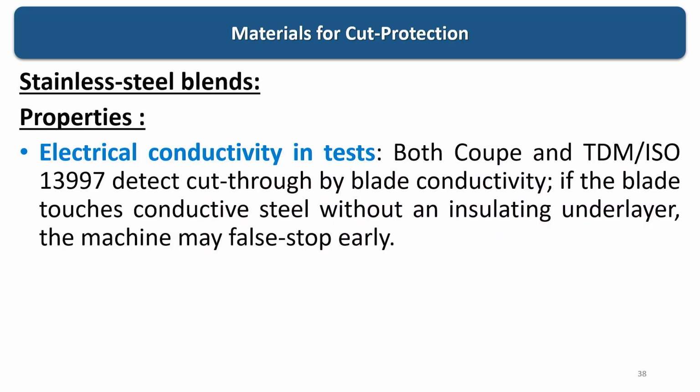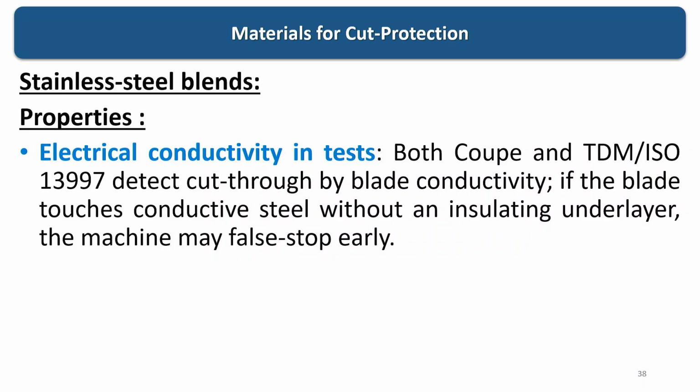And this is basically for any product with stainless steel and its blend for testing for cut resistance, where electrical conductivity is important. All these cut resistance tests are based on the electrical conductivity of the material.